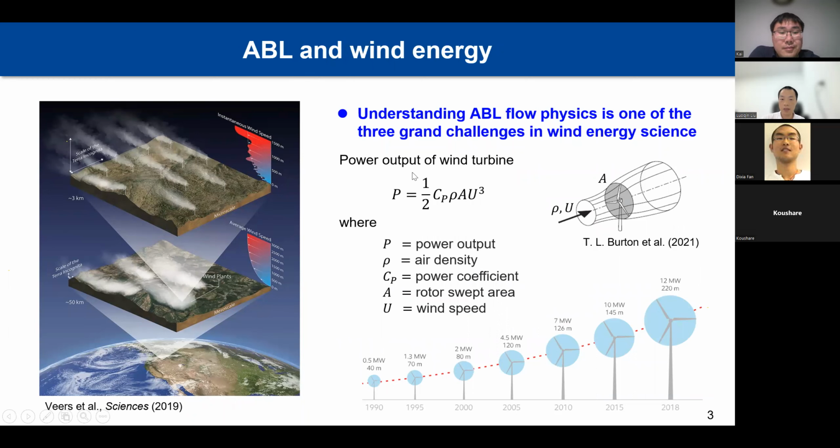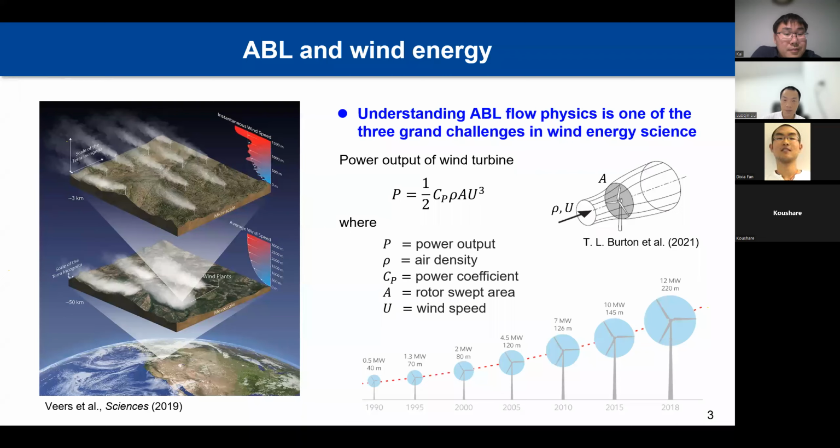This is because, as shown here, the power output of a wind turbine is proportional to the cube of the wind speed. And thus, in a recent paper published in Science, the authors stated that understanding ABL flow physics is one of the great challenges in wind energy science.